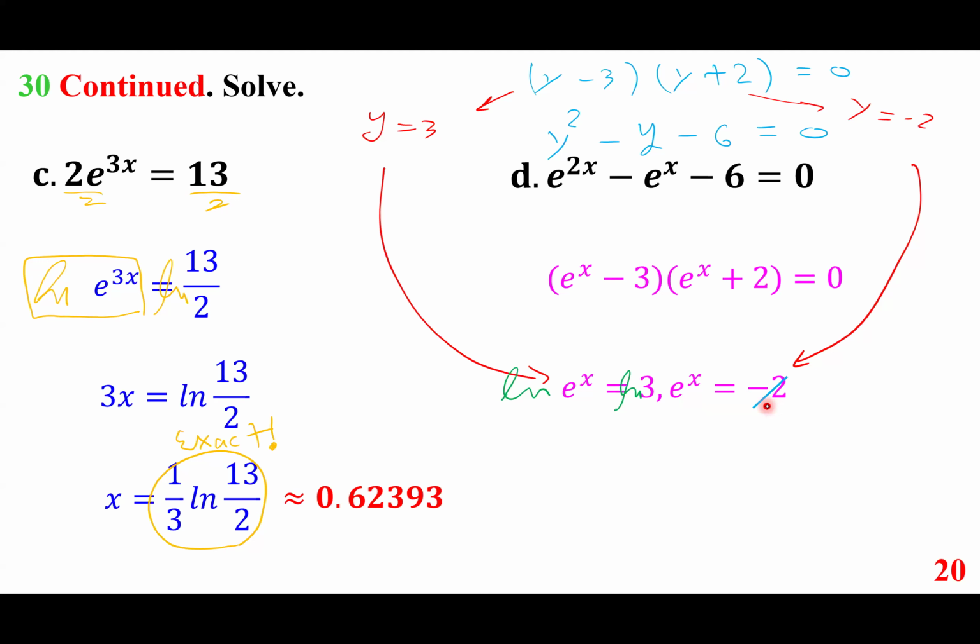So it can't be a negative number, everybody. So the answer is ln 3 precisely. A rough estimate, again, they ask you to use a calculator, however many decimals, roughly 1.0986 or 1.1 again. How many decimals? It depends.